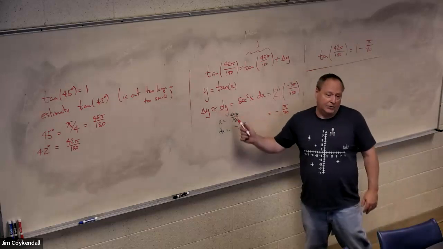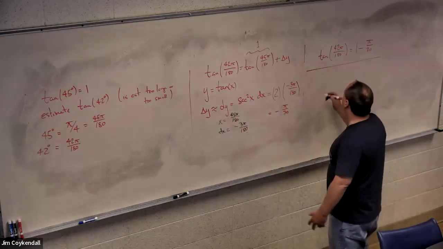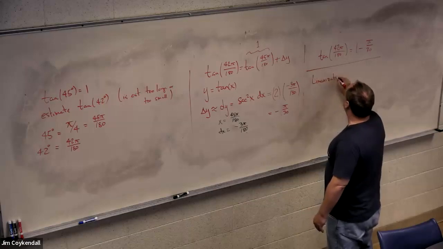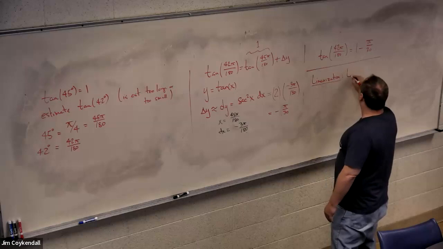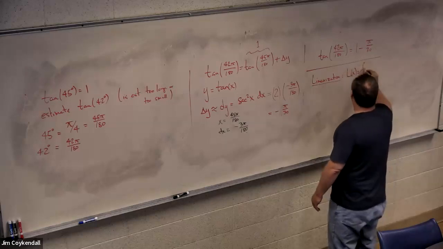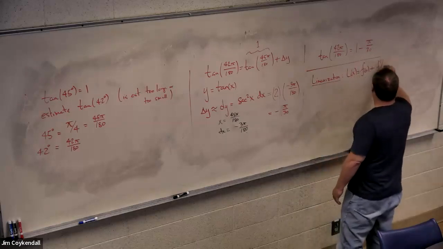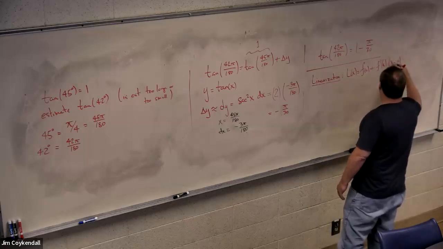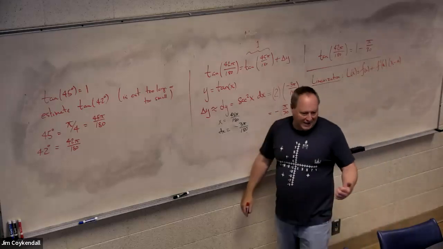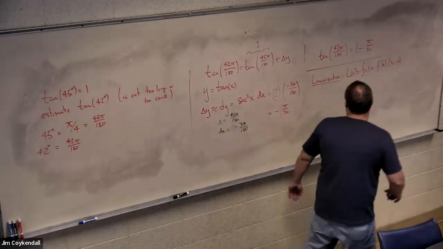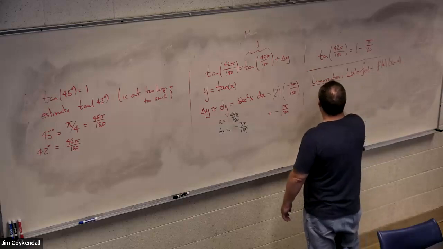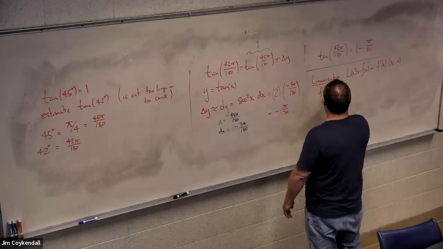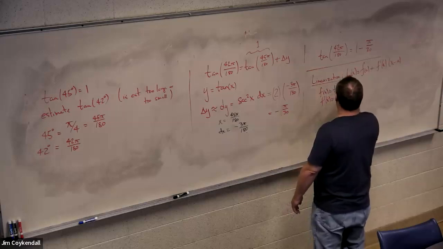So this is using differentials. Linearization is the same thing, the same approach and really the same outcome. L of x is f of a plus f prime of a times x minus a. And remember, all this is just the formula for the tangent line. So in our case, f of x is tangent x, so f prime of x is secant squared x.